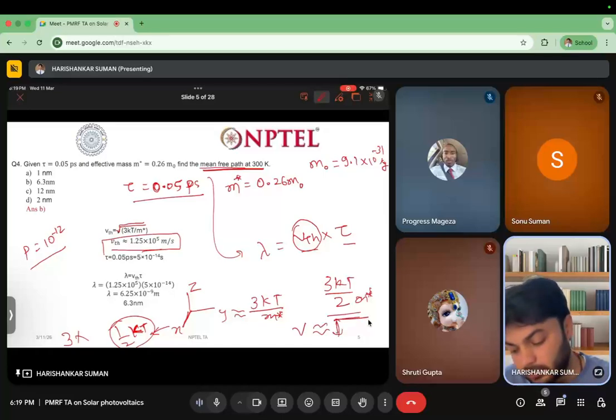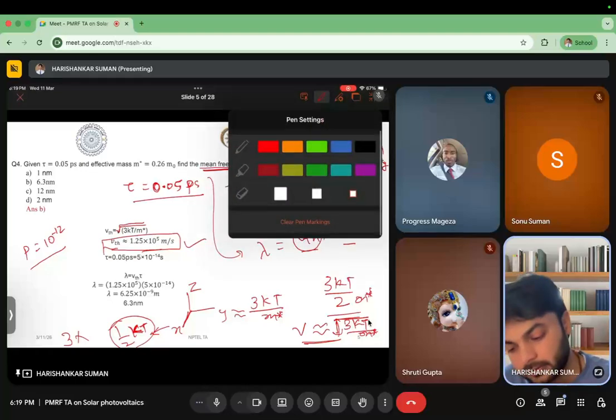So this comes from there, 3 KT by effective mass, and we will get 1.25 times 10 to the power 5, as you calculated.